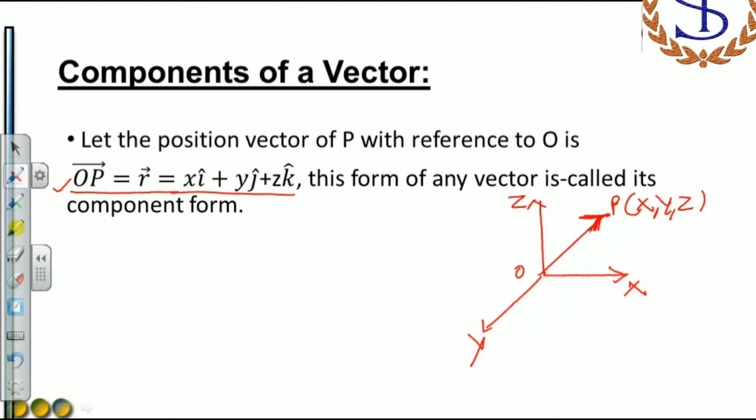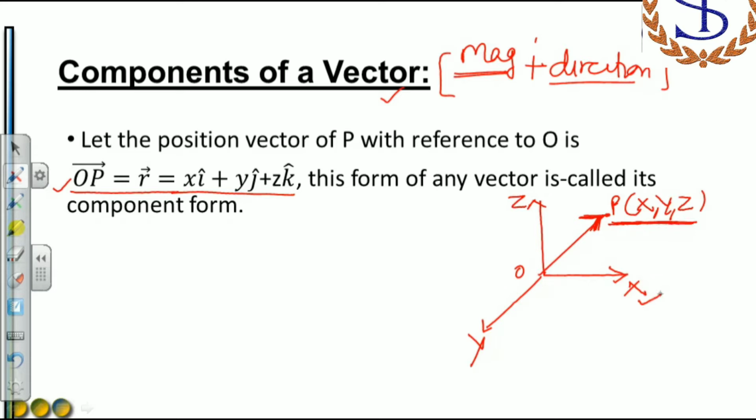First of all we need a magnitude and then the direction, because a vector is the quantity which has the magnitude and also has the direction. So to find the vector we need magnitude and direction. To find the position of this point P, we need the magnitude of this point P in the direction of x.